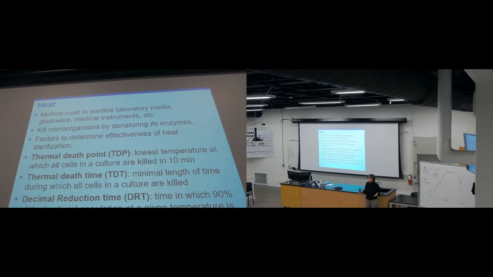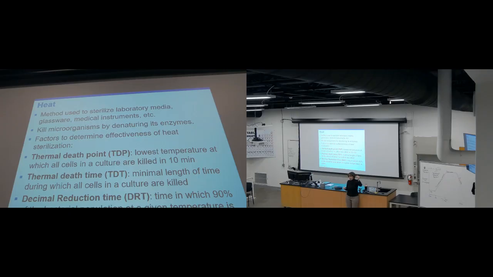So you can say, well, at 40 degrees Celsius, I kill microorganisms in 15 minutes. What is your thermal death time? 15 minutes at that particular temperature. Let's say you started with 1 million microbes, and in 15 minutes, I kill 1 million microbes at 40 degrees Celsius. That's your thermal death time.